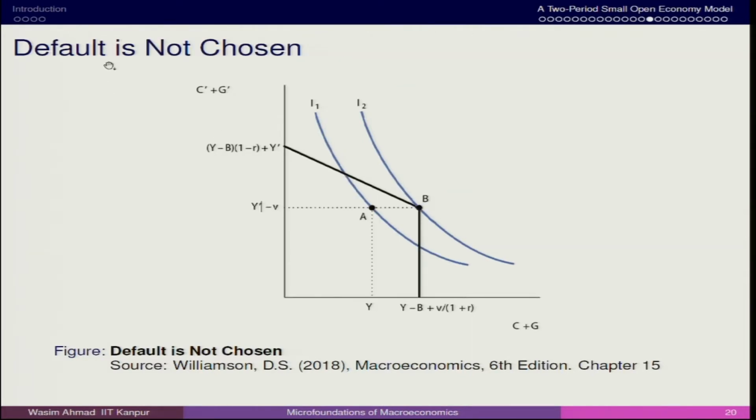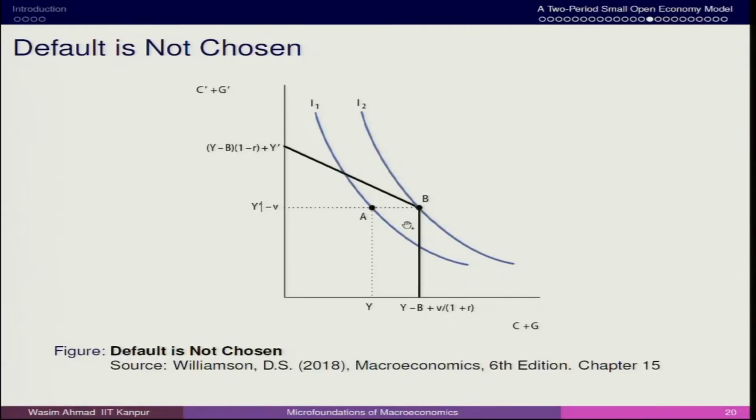Now, if debt default is not chosen, then it means that the country is at B without default. If it goes for default, then this is the amount that this particular country will have to bear. Now, it is up to the country whether it would like to go for default or not.